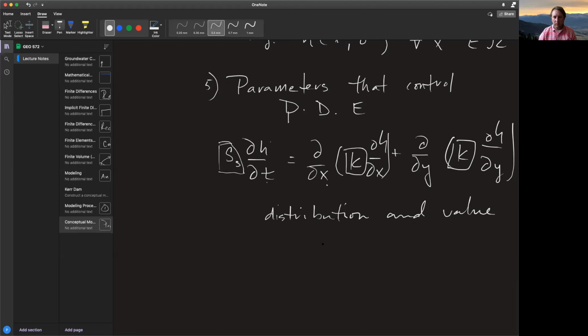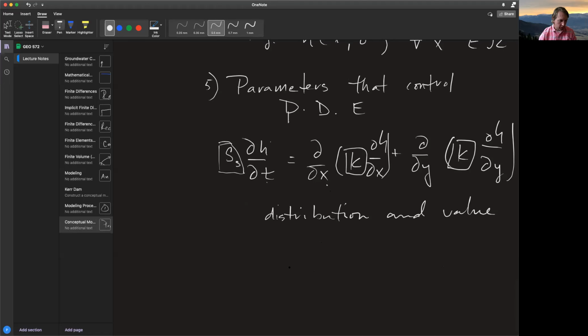So this becomes very hard. We don't know what the subsurface is like. We have to figure out how to take the data we have and populate the subsurface.